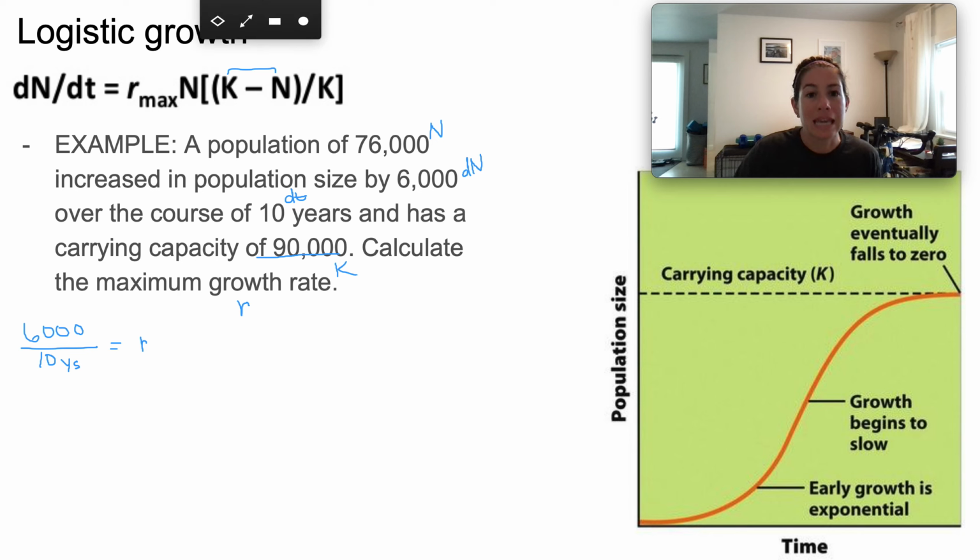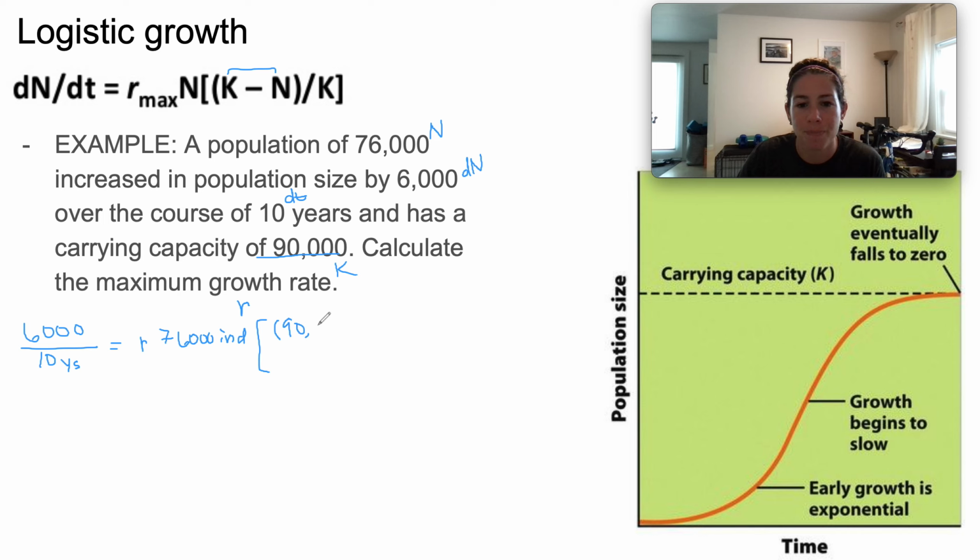And remember to keep those units. 76,000 individuals. I'm going to do 76,000, and then our carrying capacity is 90,000 minus our population, which is 76,000, divided by our carrying capacity, which is 90,000.